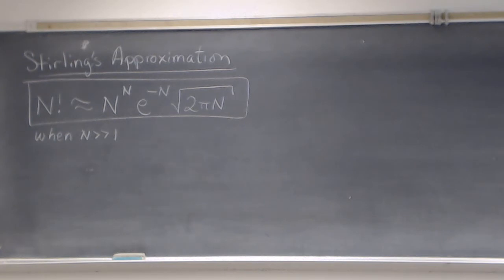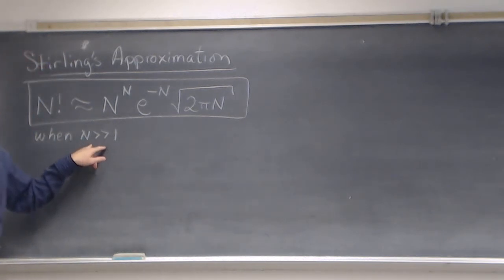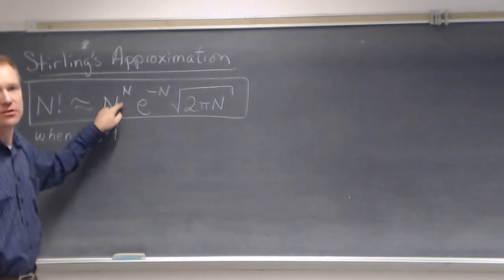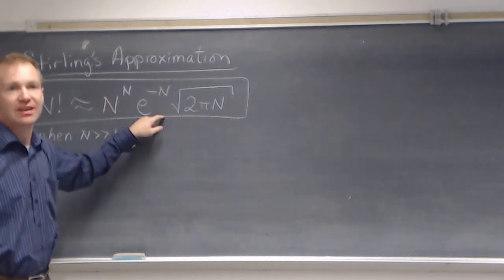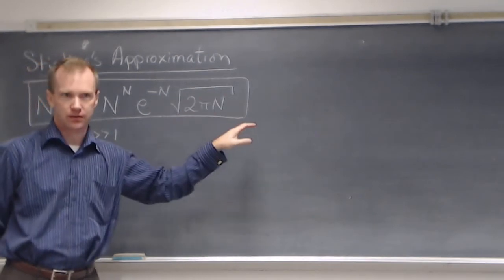Stirling's approximation says that for n much greater than 1, n factorial is approximately n to the nth power times e to the minus nth power times the square root of 2 pi n.